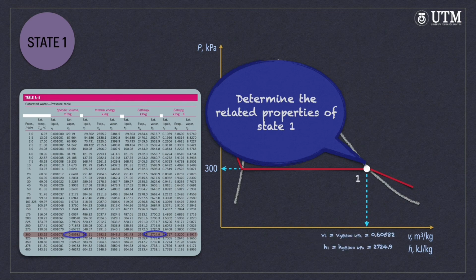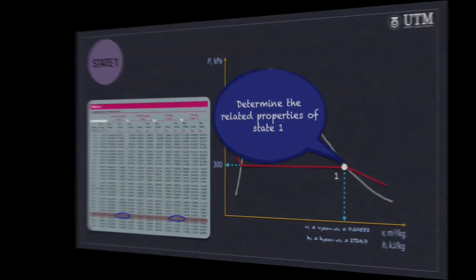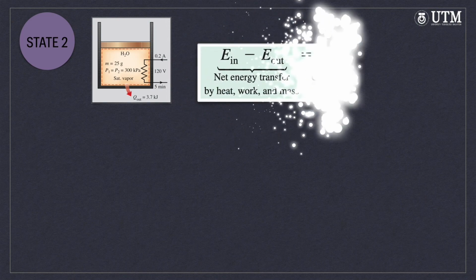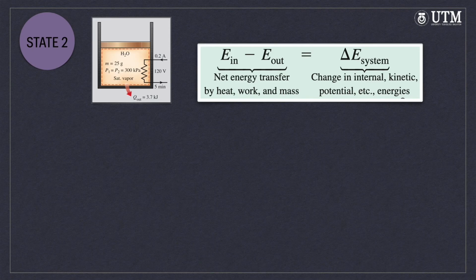Based on this example, we do not know another independent intensive property of the water for state 2. This can be determined by comparing a suitable property to the saturated liquid and saturated vapor values. From the information given, we can determine the specific enthalpy directly from the energy balance equation for a closed system undergoing a quasi-equilibrium constant pressure process.